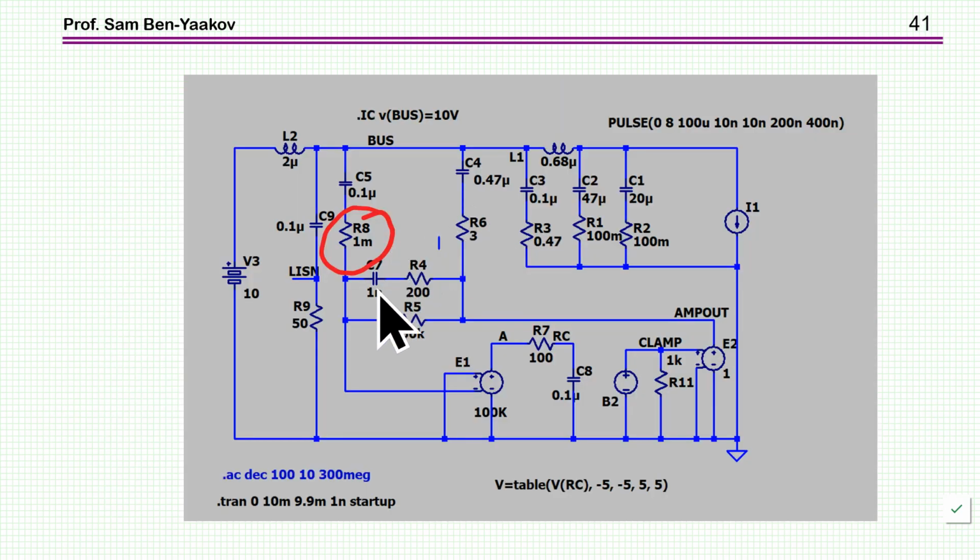I've also run a simulation with a lower resistance here. Remember that I put this 2 ohms in order to dampen the circuit when I was injecting a voltage source here. So perhaps in this configuration I can run it with 1 milliohm, which is a low impedance here, low ESR for the capacitor.